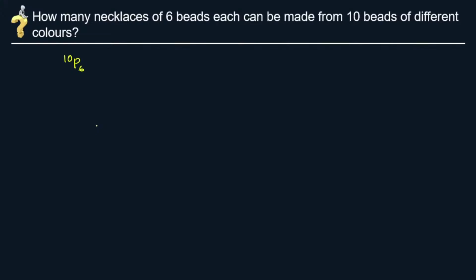It will be 10P6. This is the linear arrangement. I have taken 6 beads out of the 10 beads. But since you are arranging them in a necklace, clockwise and anti-clockwise arrangements are the same. So it will be divided by 2r, where r is 6. So your answer will be 1 over 12 times 10P6. Is it clear to all of you or not?